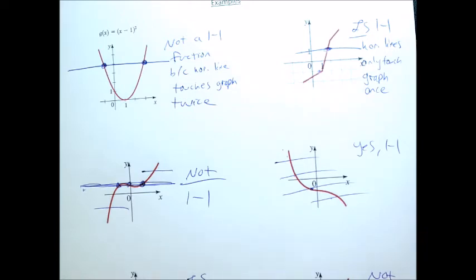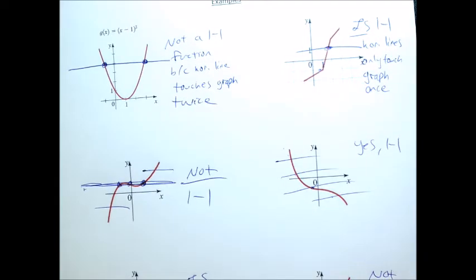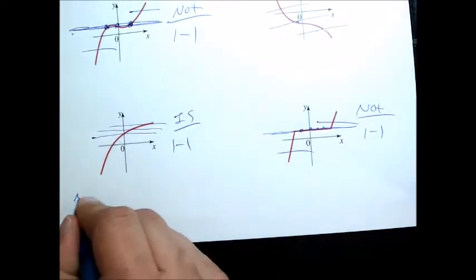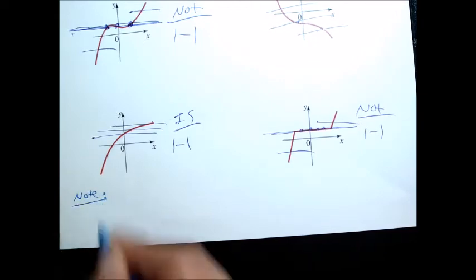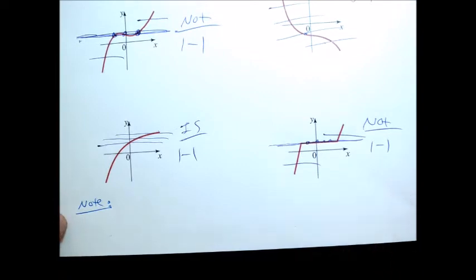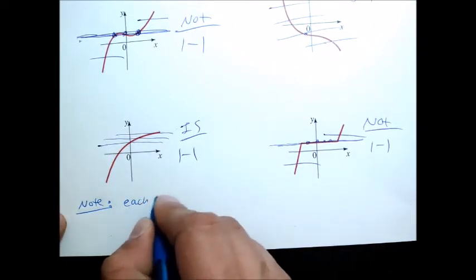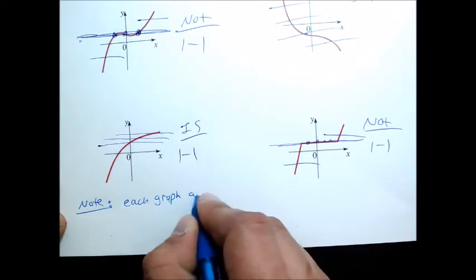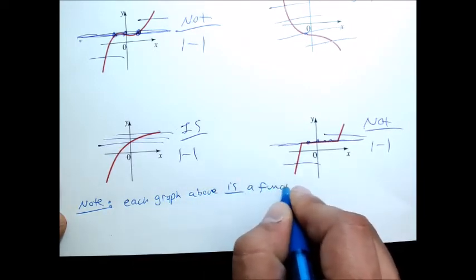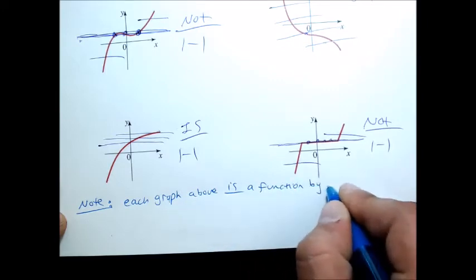So, what does that mean? Are they functions or not? If they all pass the vertical line test, that means that they are functions. And so what I want to note down here, and you might want to compare this to the definition of a function section to make it clear in your head, but note, each graph above is a function by the vertical line test.